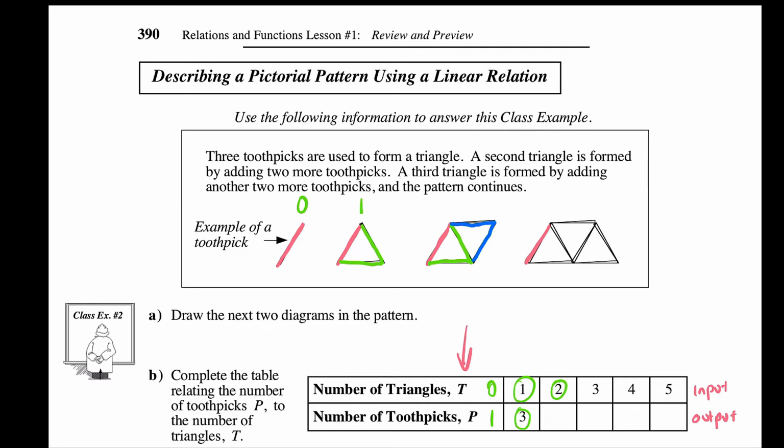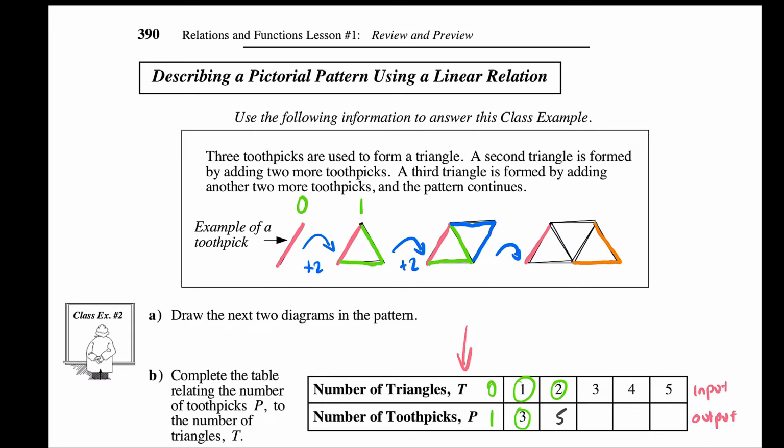To get from here to here, I added 2. To get from here to here, I also added 2. And now we have a total of 5 toothpicks. So following that pattern, every time we form another triangle, it looks like we add another 2 toothpicks. So that would be those 2 right there, which would finish this thing off.